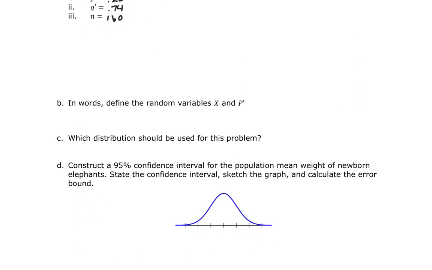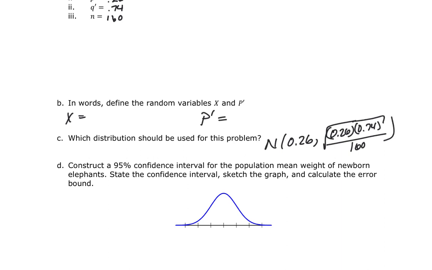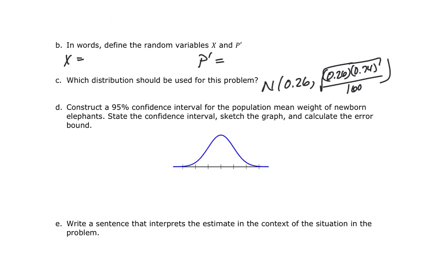The distribution I'm going to use is a normal distribution, and it's going to be 0.26 because that's going to be my mean. And then my standard deviation will be calculated as the square root of p, which is 0.26, multiplied by my q, which is 0.74, and then divided by my sample size of 160. So that would be the normal distribution that I would be using.